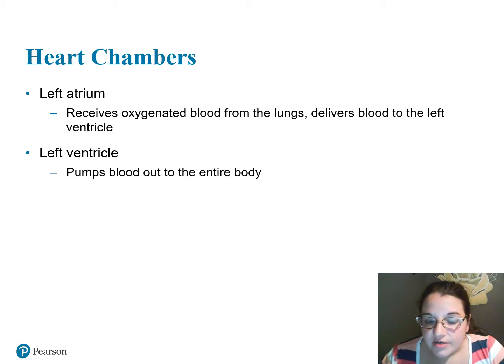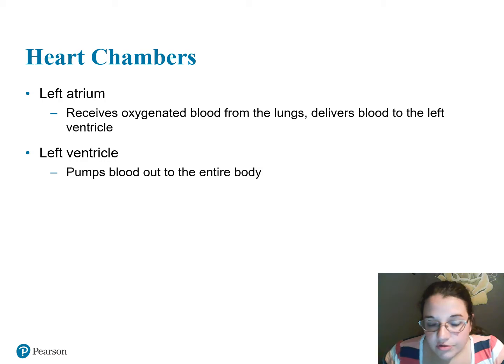Your left atrium and your right atrium are both sitting on top of your ventricles. So when those atriums fill up with blood, the pressure and the weight of that blood in that chamber is going to push the door open and cause them to go with gravity down into the ventricles below.